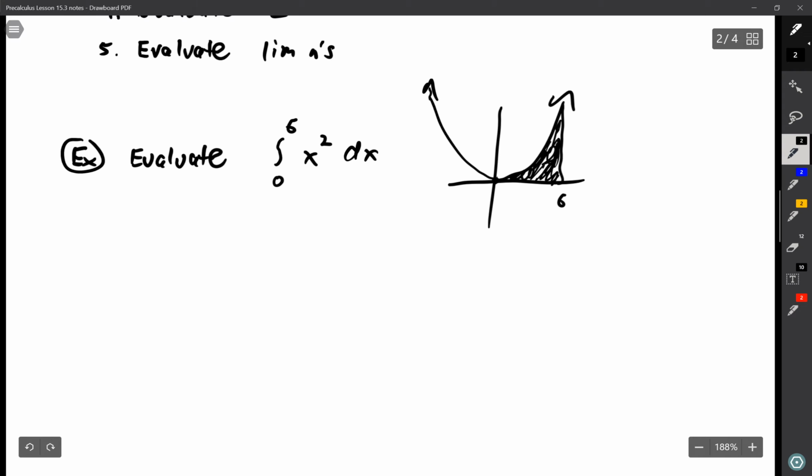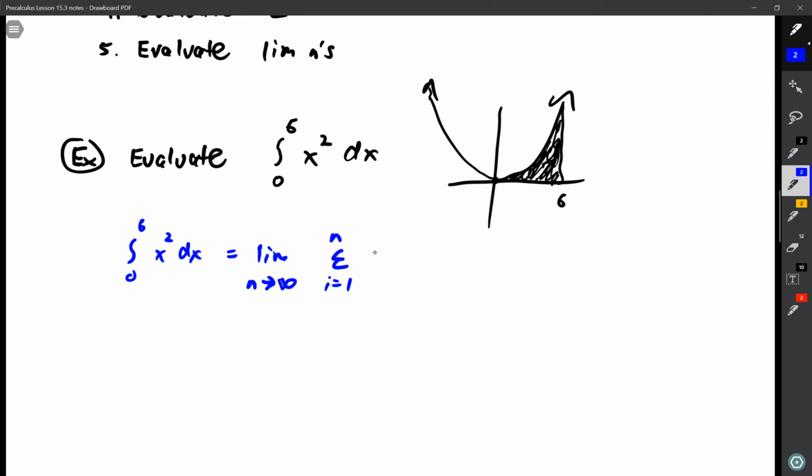All right. So step 1. Well, let's write our formula. So the integral from 0 to 6 of x squared dx equals the limit as n approaches infinity of the sum from i equals 1 to n of delta x times, now what's my function? x squared.